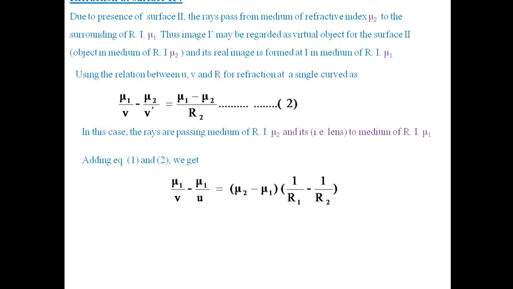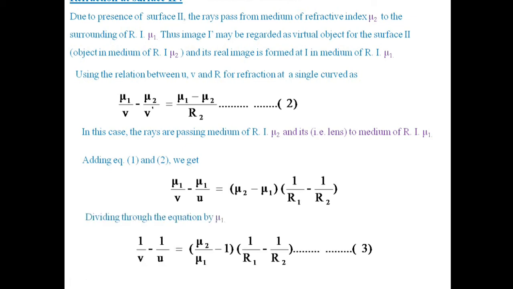So adding equations 1 and 2, we can write mu1 upon v minus mu1 upon u is equal to mu2 minus mu1 into 1 upon R1 minus 1 upon R2. Dividing throughout the equation by mu1, we can write 1 upon v minus 1 upon u is equal to mu2 upon mu1 minus 1 into 1 upon R1 minus 1 upon R2.